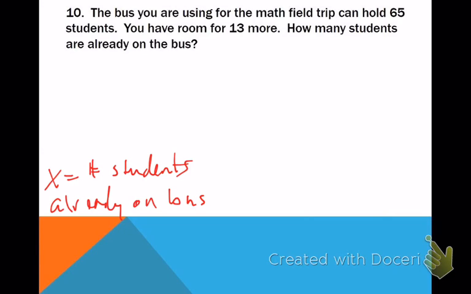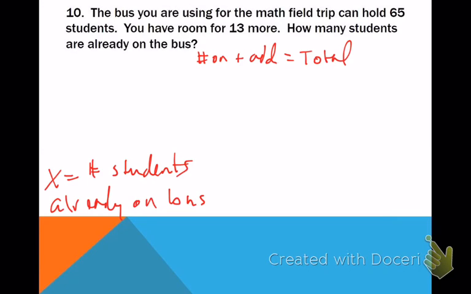X is this. Okay? Now, we need to come up with our equation. The bus will hold a total of 65 students. So, to find the total number of students the bus will hold, we've got to take the number on, and then plus the additional.